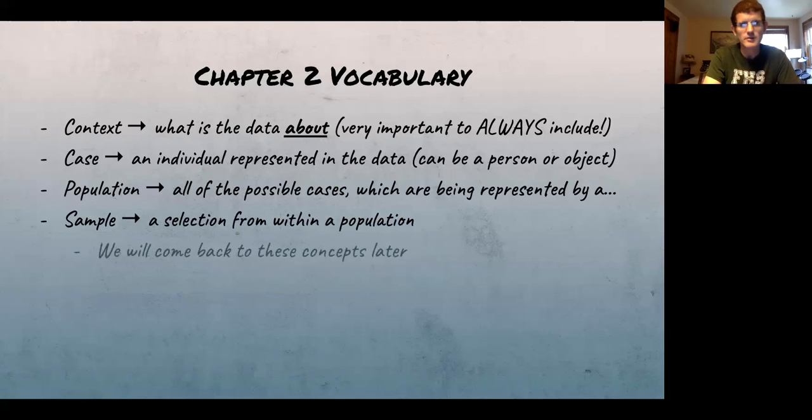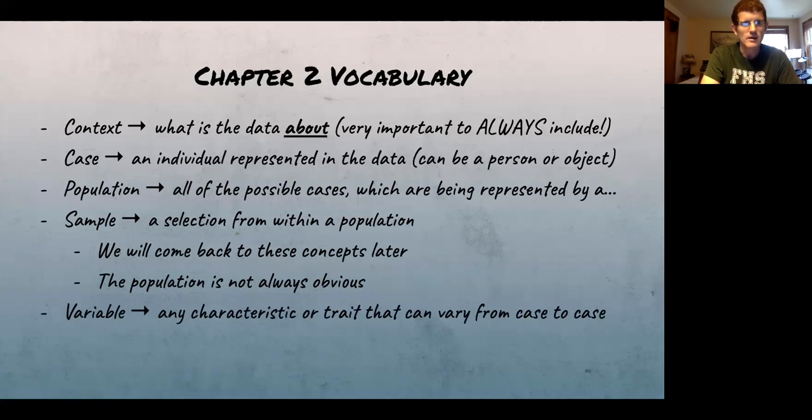This is all stuff we're going to come back to in great detail later, but it's good to have that basic understanding at this point. The population is not always going to be obvious, and that can cause some problems down the line. So just be thinking about that as you come across problems like this.